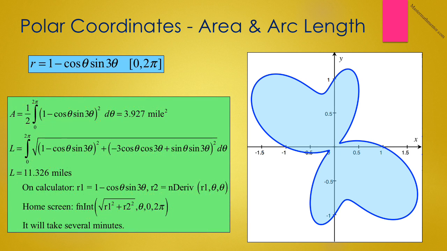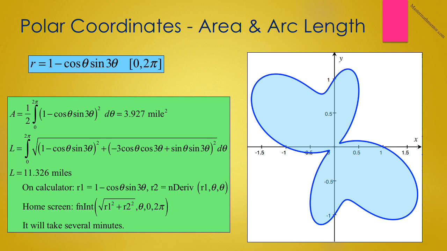Assuming that r is measured in miles, the area is easy. It is 1/2 the integral from 0 to 2 pi of the quantity (1 minus cosine theta sine 3 theta) squared d theta. We do this on the calculator and we get 3.927 square miles.